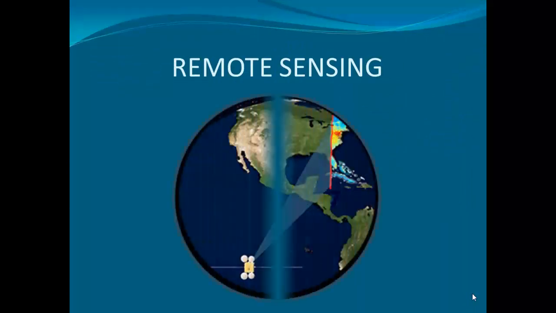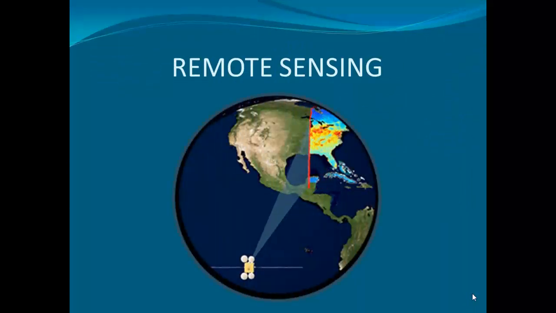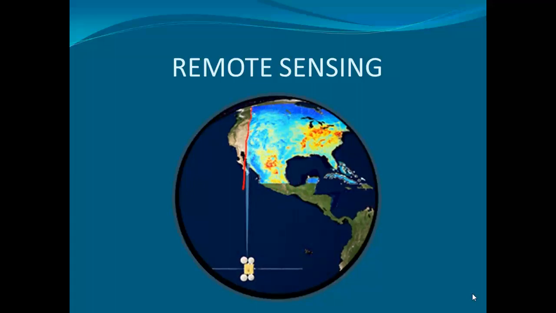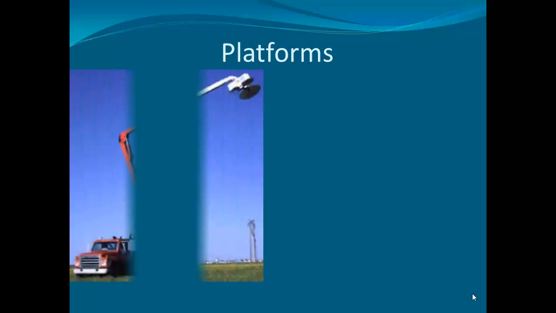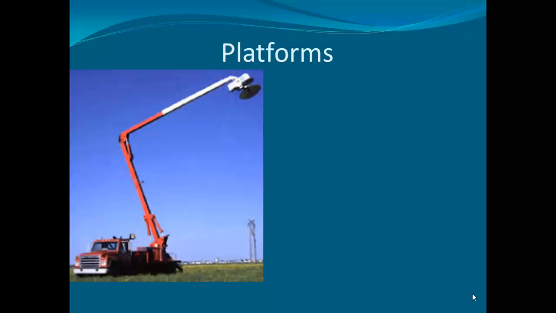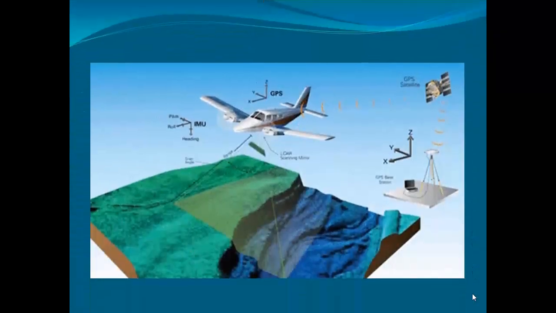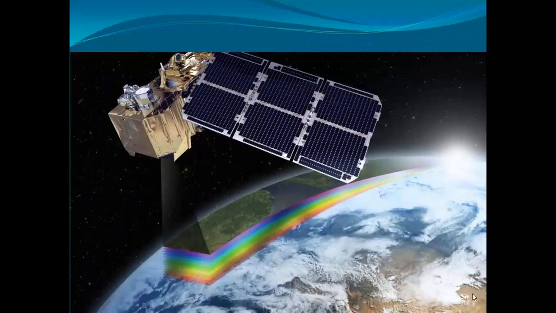Then what is remote sensing? Remote sensing is the art and science of obtaining information about an object without being in contact with it. How will we do this? We will obtain information about an object with the help of sensors which are fitted to platforms, which may be ground based, air based or space based.